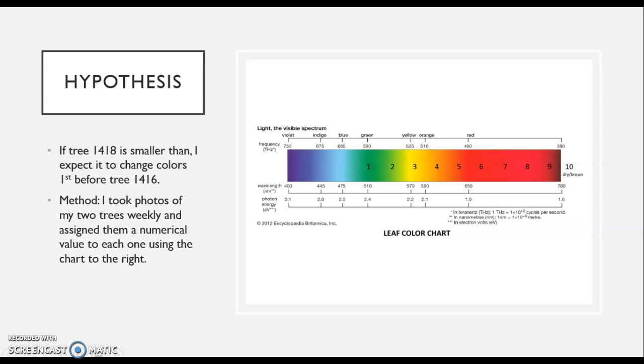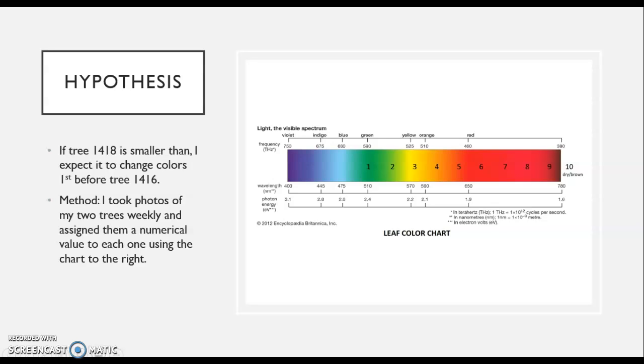So for this project, what we did was collect data and took pictures weekly of the trees that we chose on our own just to find out how they change over time with weather and everything like that. So my hypothesis is if tree 1418 is smaller, then I expect it to change colors first before tree 1416.